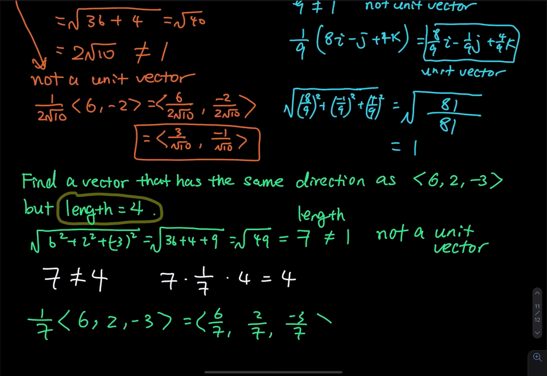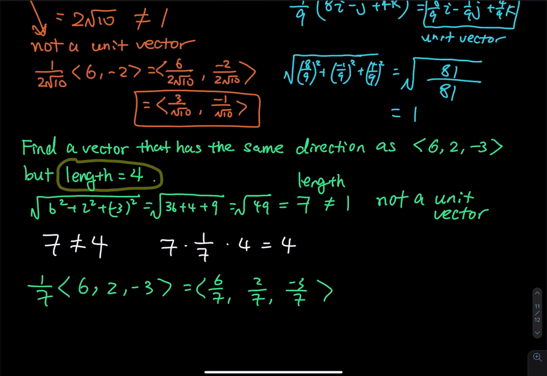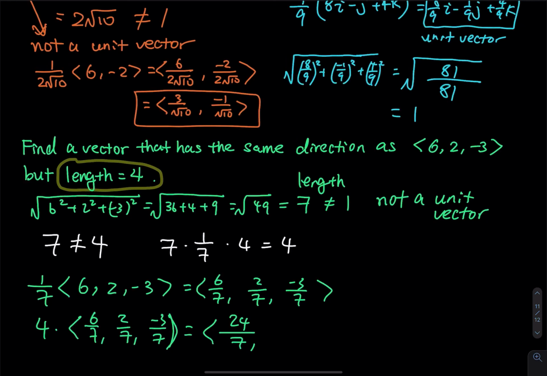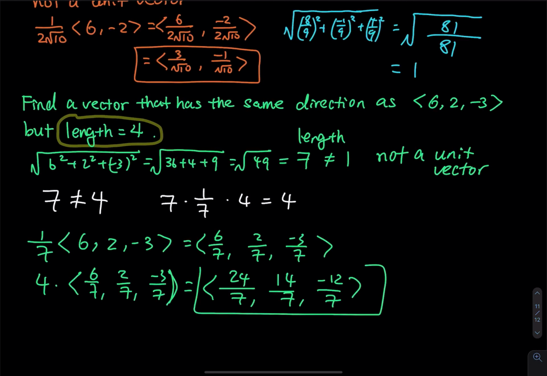And then we are not done. And then you have to take that, multiply by 4. So 6 over 7, 2 over 7, negative 3 over 7. Then what do you have right here? You have 24 divided by 7, 8 divided by 7, and negative 12 divided by 7. So this is the answer to this question.